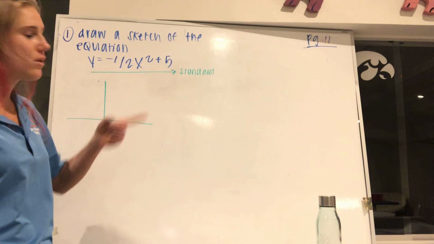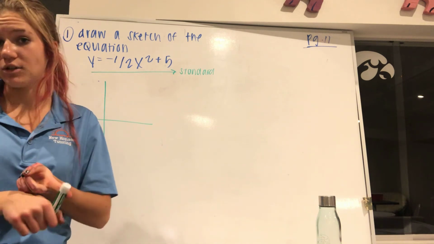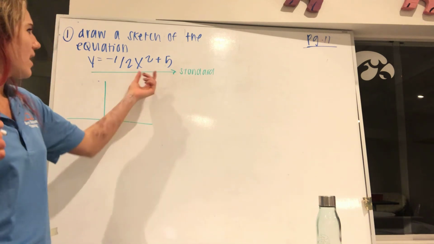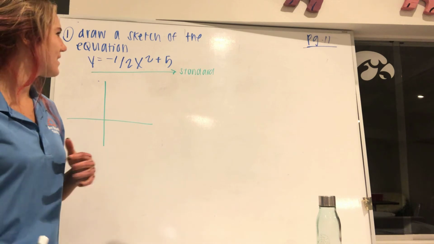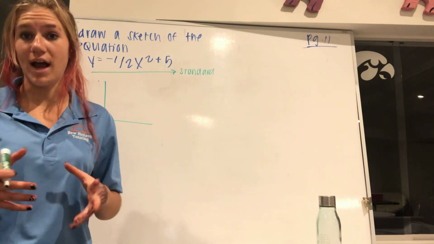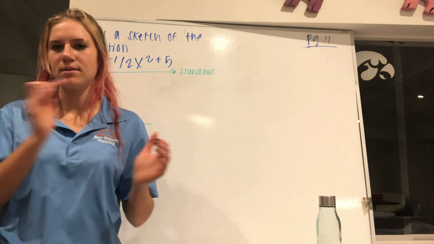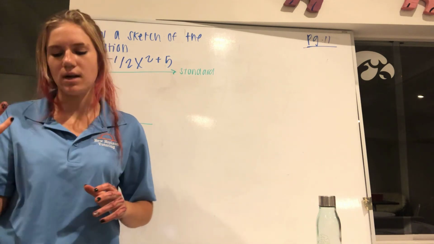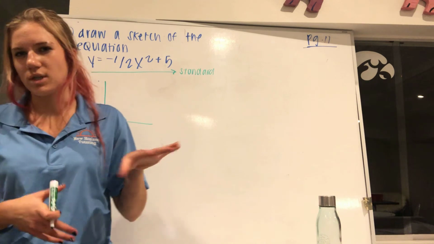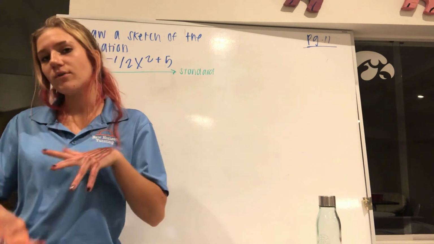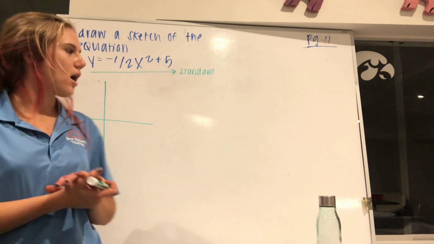Since we don't have an x term here, we actually can't do our typical factoring, which is normally what we would do: set 2 parentheses, x minus a number, x plus a number, whatever the specific equation dictates, set it equal to 0, find the zeros, and then graph that.